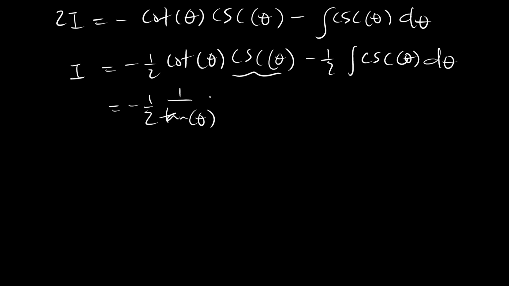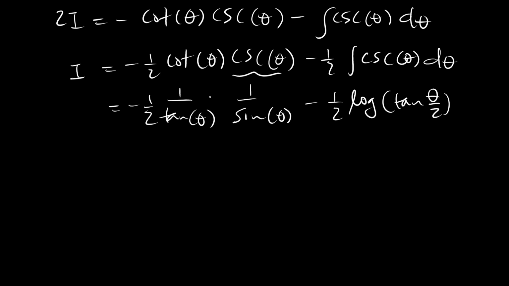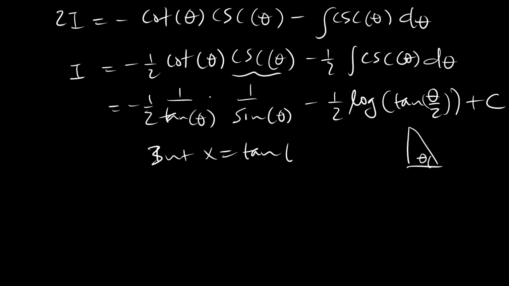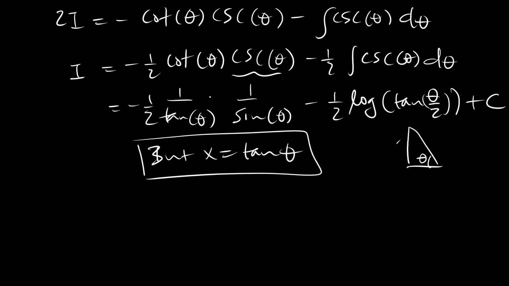One important thing to note here is that this is the same as 1 over sine theta minus, we've already ascertained that this is the same as log tan theta over 2, and we have an integration constant c there, so that if we have this as theta, and initially we had expressed x to be that, then it means x over 1 is that, and the hypotenuse becomes that.